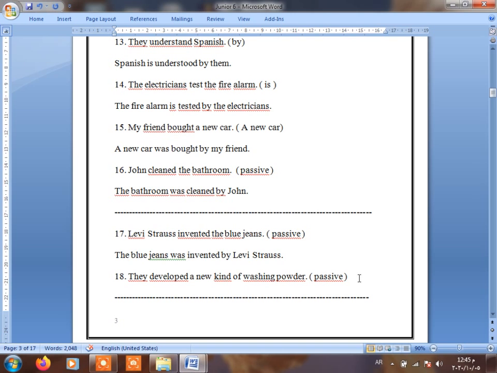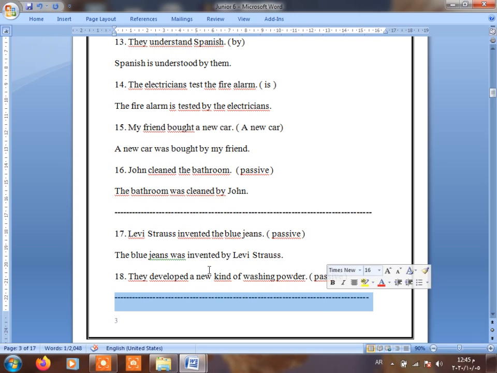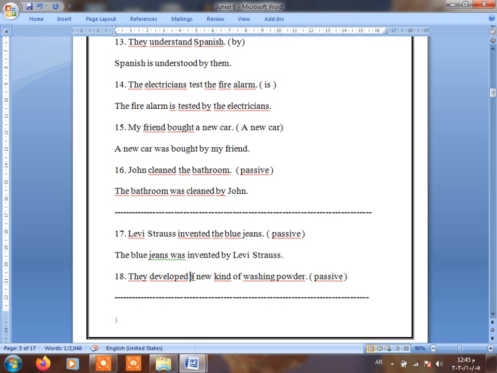Okay, number 18. They developed a new kind of washing powder. So I want to change this sentence to the passive, and this sentence is written in the past simple. So they is the subject, developed is the verb, a new kind of washing powder, all of this is my object. So I will start my sentence with a new kind of washing powder.